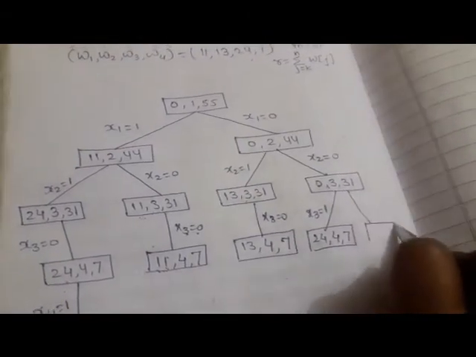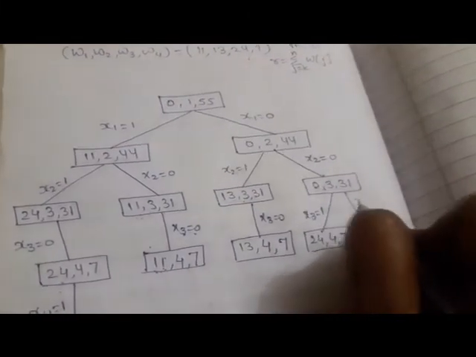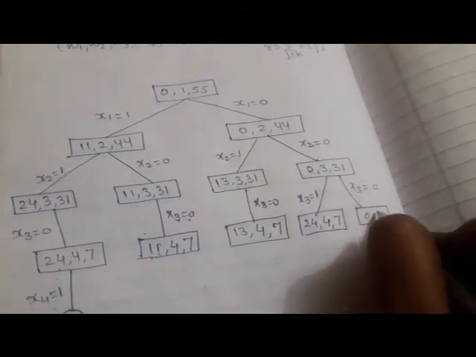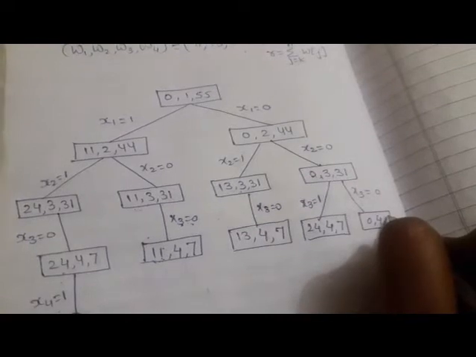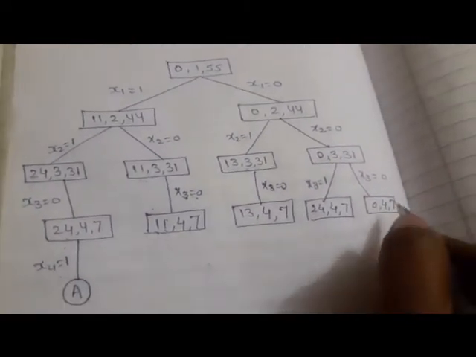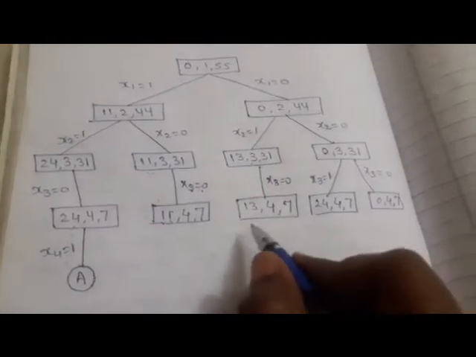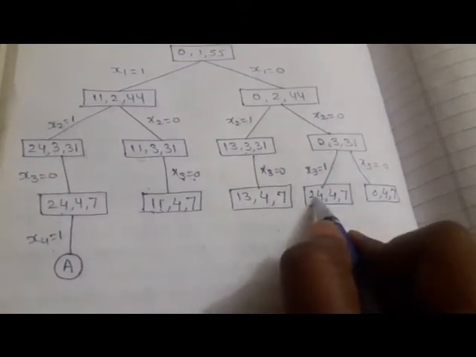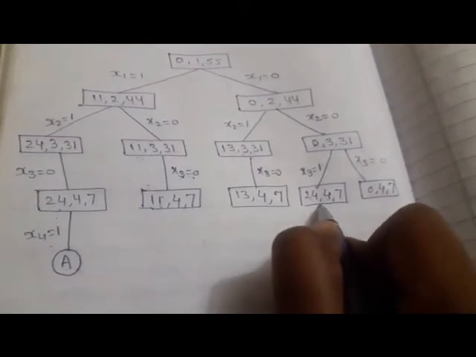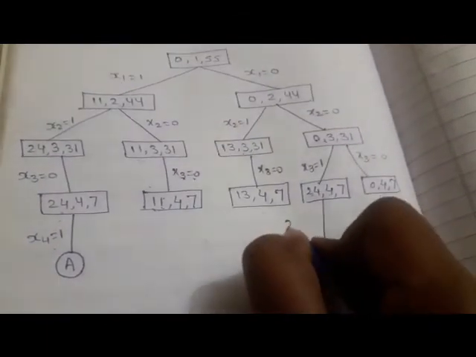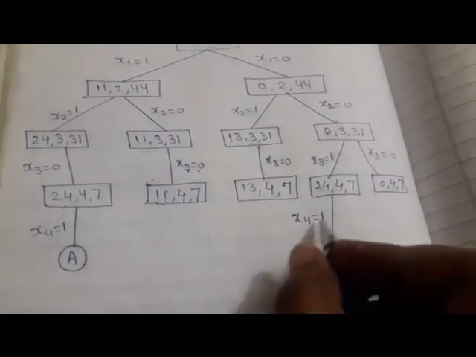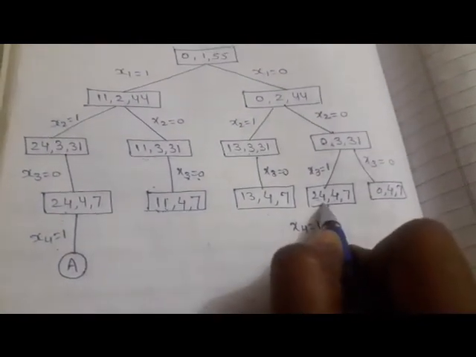Now here if we exclude x3, that is x3 is equal to 0, then it remains 0. The value of k is 4 and the value of r is 7. Now after this 24, if we include x4, that is x4 is equal to 1, so the value of weight 4 is 7.